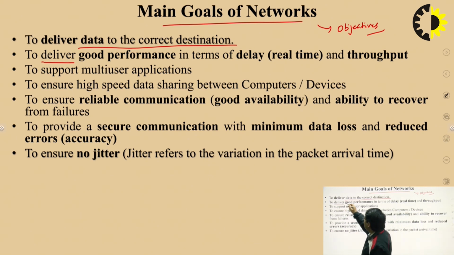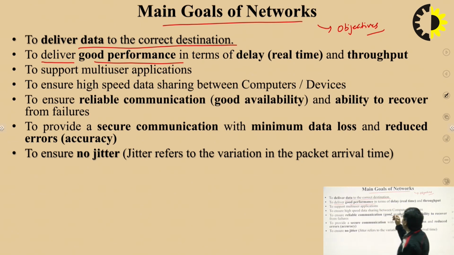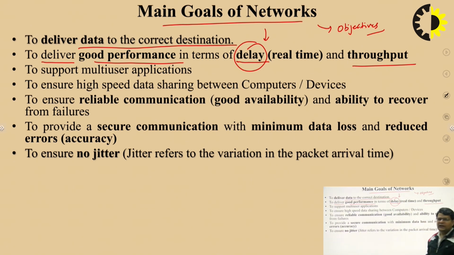Another important objective of the network is to deliver good performance, and this good performance must be measured in terms of delay and throughput. We will say that a network is performing very well when the delay is minimum, for example for real time applications.